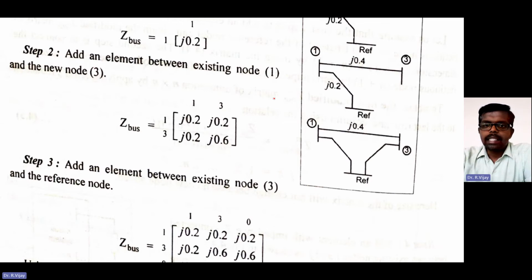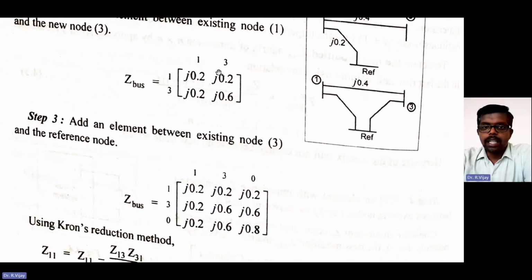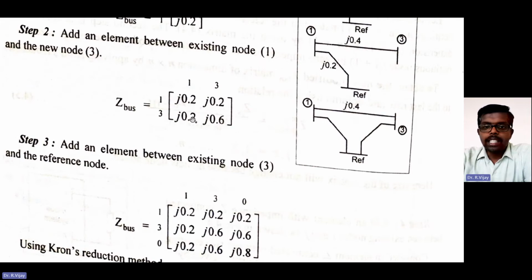Okay, so what is the next one? Zbus equal to this, we need to frame. Now this particular part we added. Whatever the element here, we are adding here and here. So what is this element? This is j into 0.2, that is 0.2j, plus whatever the new reference added.